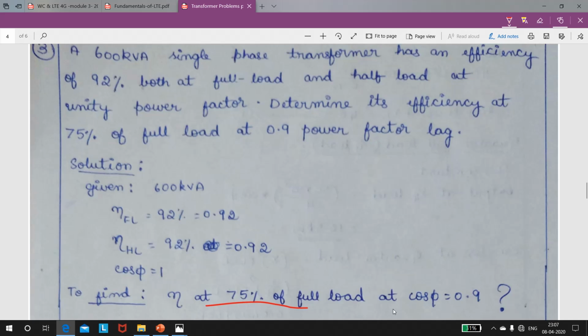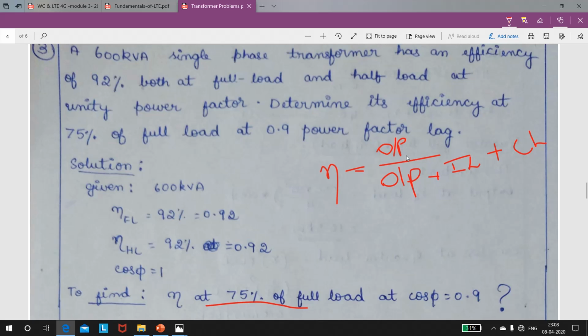Now how can you find out that? Efficiency is equal to output by input. Output divided by input. What is input? Input is nothing but output plus losses. What is losses? Iron loss plus copper loss. Now again, iron loss is constant, copper loss will change for the type of the load.